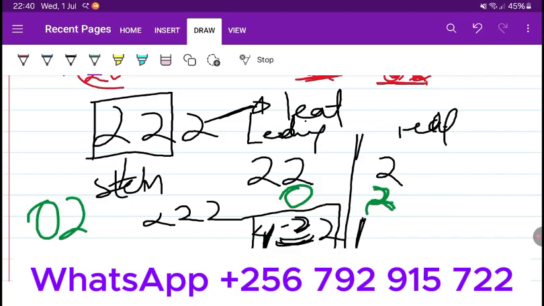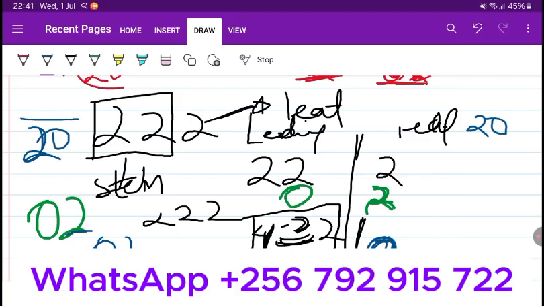Now the difference is if I was given 2 and I choose to put the 2 here as a stem, the implication, even if I don't put a figure here, would be that this is actually a 20, meaning this one would be a 0.